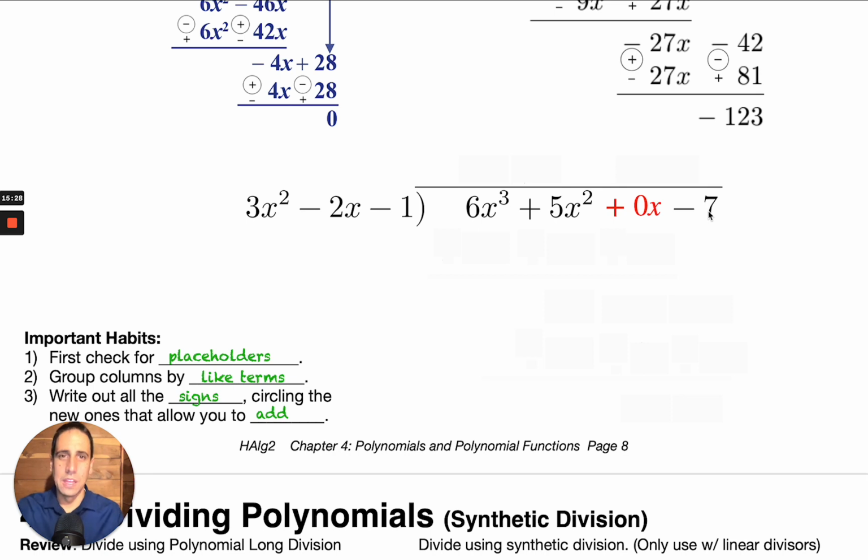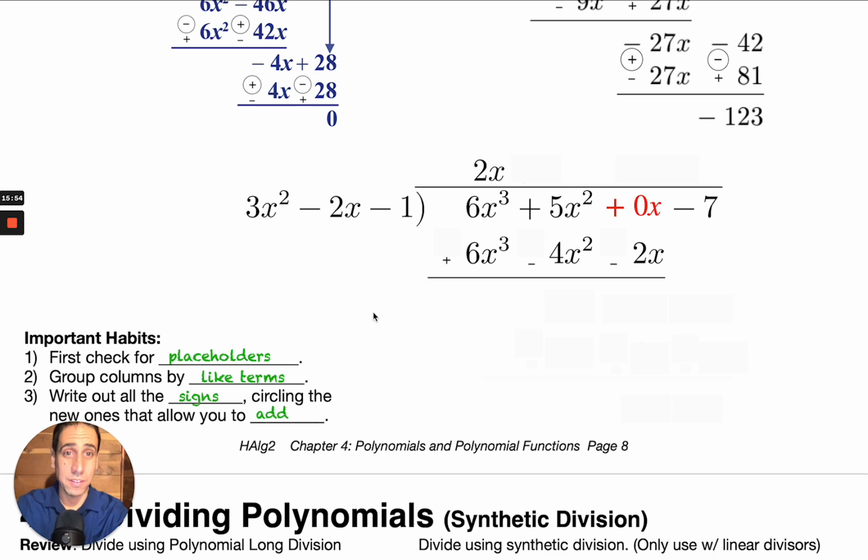Let's do this. So we got 6x cubed divided by 3x squared. When you do that, you get 2x. 2x times 3x squared is positive 6x cubed, and we have to do this 3 times now: 2x times each one of these 3 terms. 2x times minus 2x gives you minus 4x squared. 2x times minus 1 gives you minus 2x.